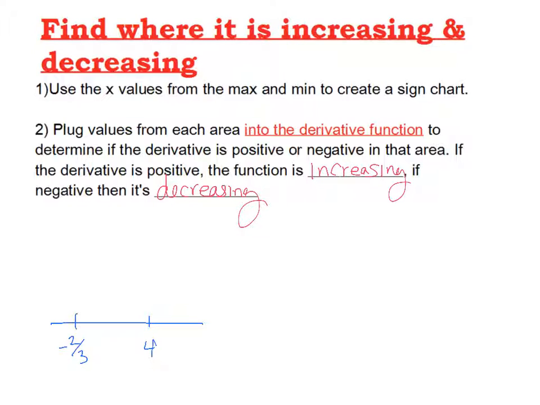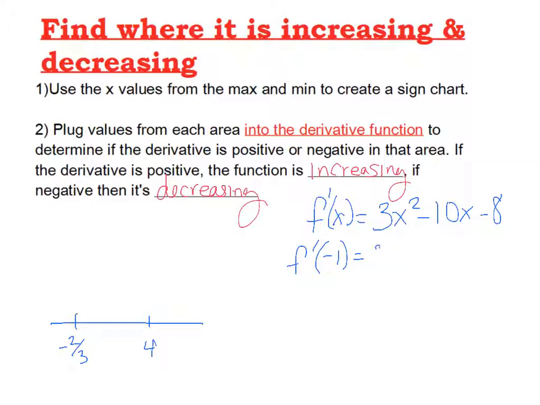So let's try it. There's my derivative function. I'm going to pick some number over in this area. Pick something that's easy to plug in. I could put in a -1. That'd be pretty easy, and it would be on this side of that mark. So then I come over here and I'm going to do f prime of -1.